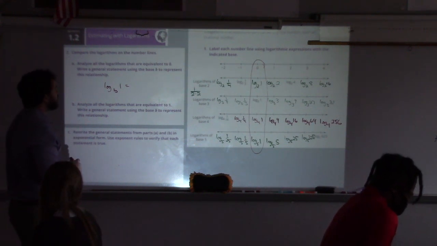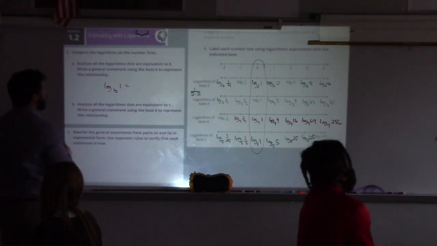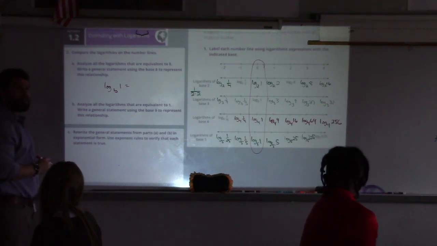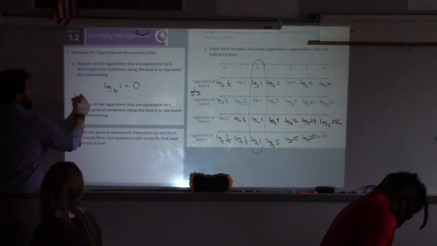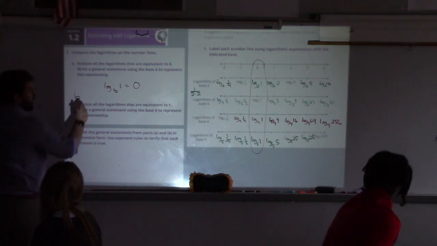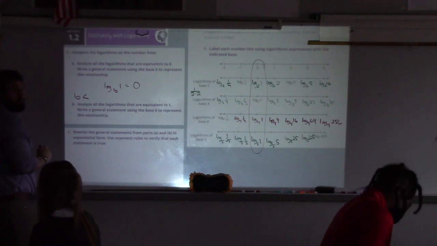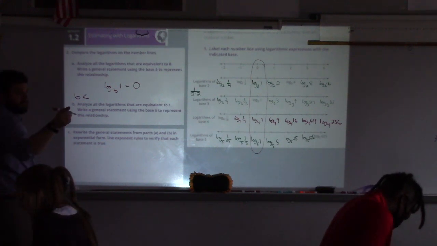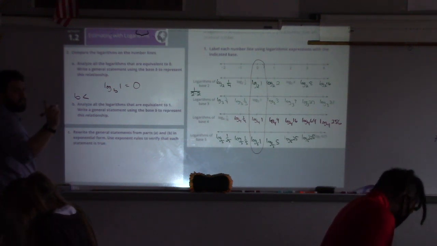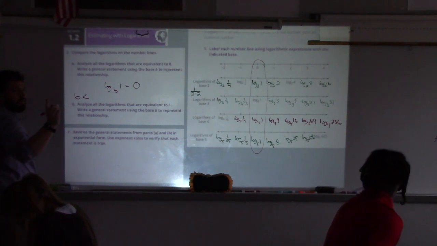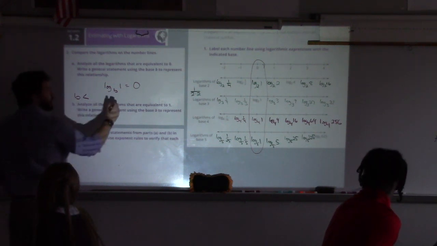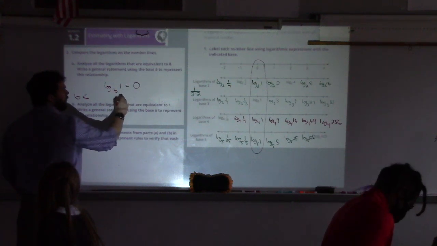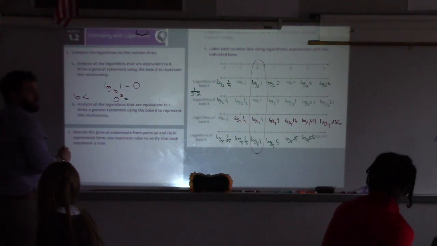Does anyone know why I say kind of? Negative. Ah, b cannot be negative, so it cannot be less than what? Less than 0. Can it equal 0? No. Remember, if I do 0 to the third, what is that always going to equal? 0.